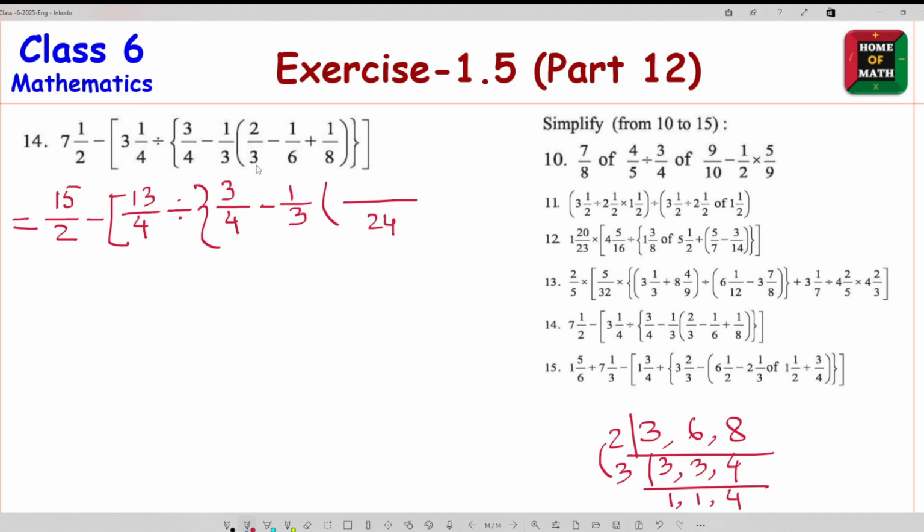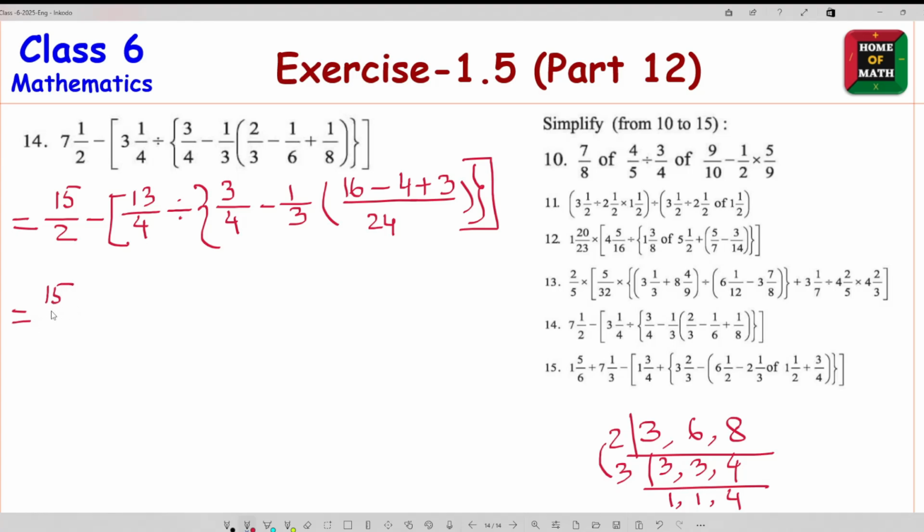24 divide by 3, so 8 times 2 is a 16, minus 24 divide 6 is 4, 4 times 1 is a 4, plus 24 can divide by 8, so 3 times 1 is a 3. So first bracket, second bracket, and third bracket closed.